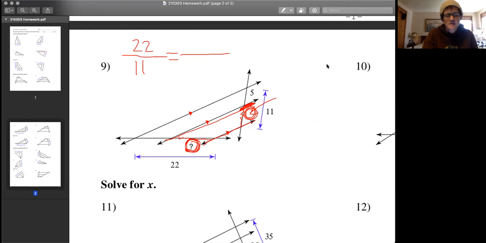Would it be 6? Yes, it would be 6. How do we know it's 6? You can put it in the chat if you want, or you can say it out loud.